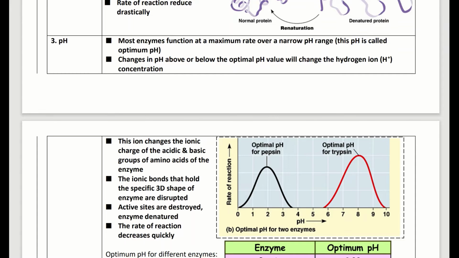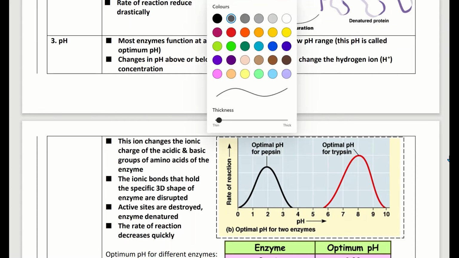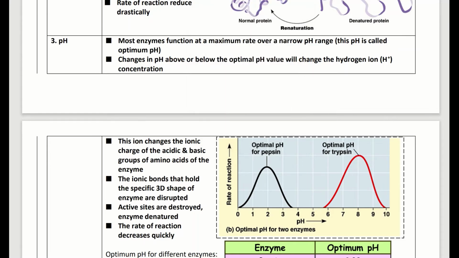Okay, so pH. Okay, so kalau yang below zero pula dah, around this pH dia akan ada high hydrogen ion. Sini low hydrogen ion, high OH minus kan, area sini.